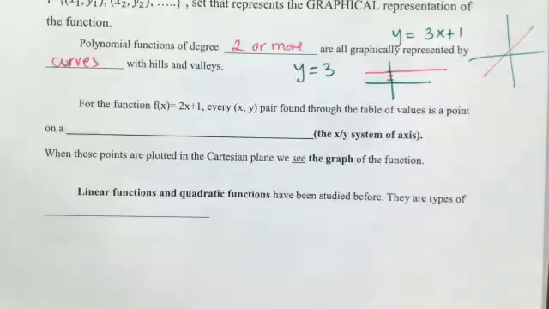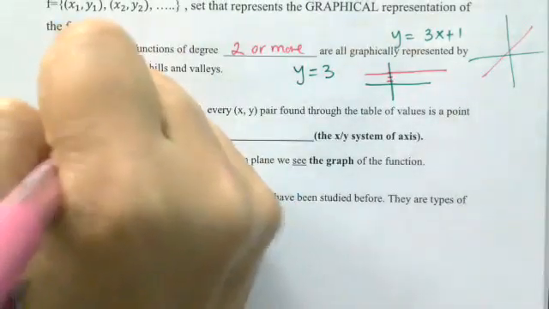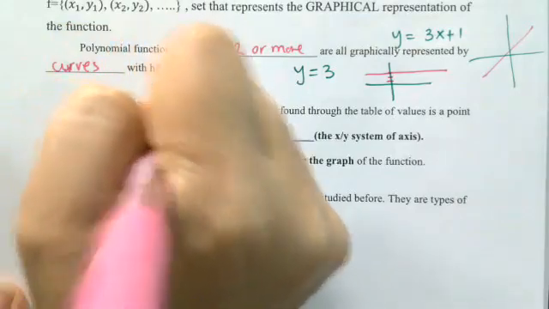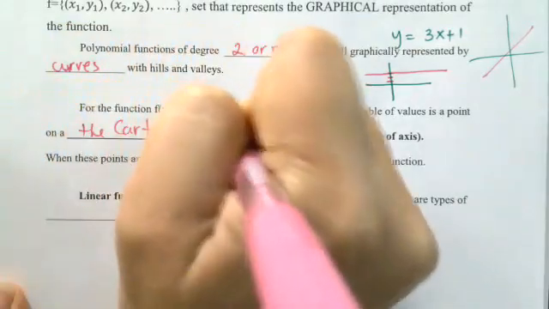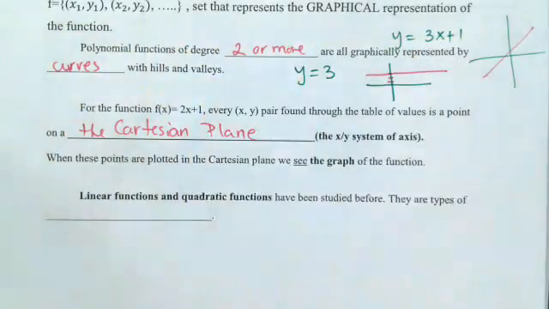So for the function 2x plus 1, every xy pair found with the table of values is a point on the Cartesian plane. Cartesian plane is a fancy way of saying the XY system, after the mathematician and philosopher Rene Descartes. When these points are plotted in the Cartesian plane, we will see the graph of the function.